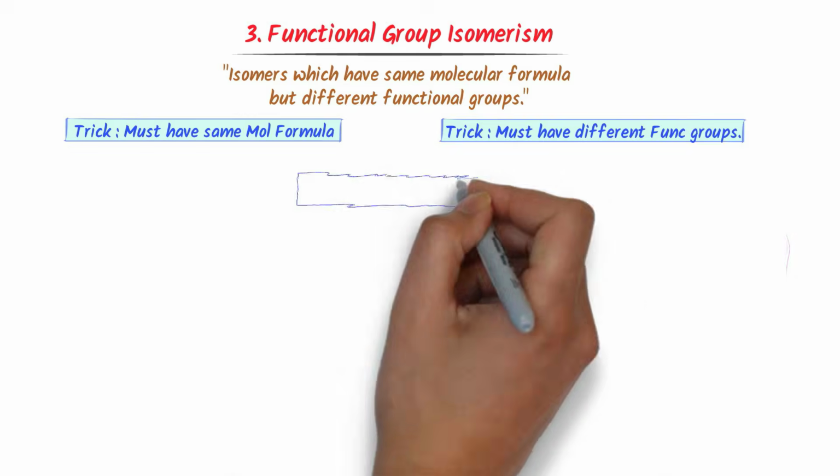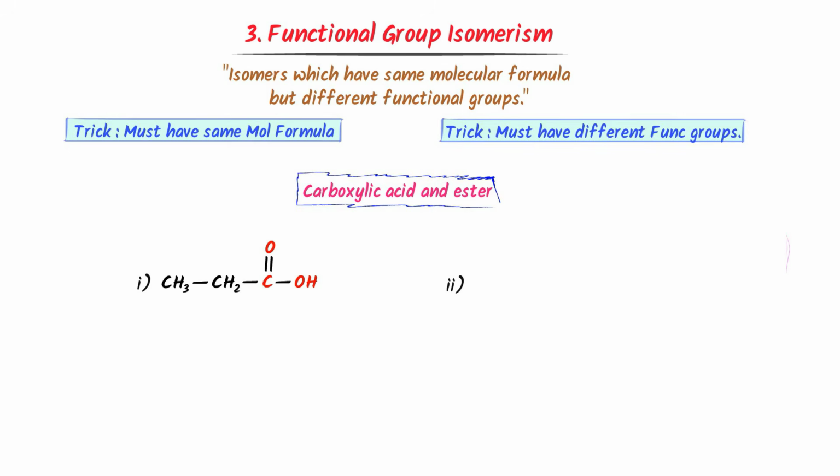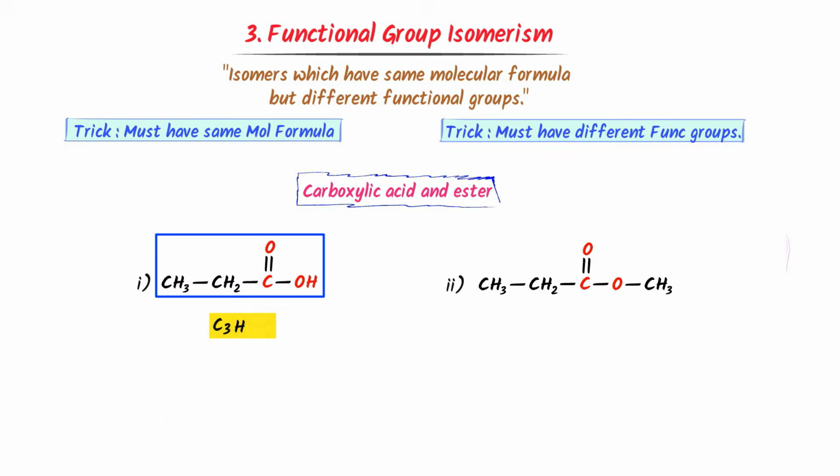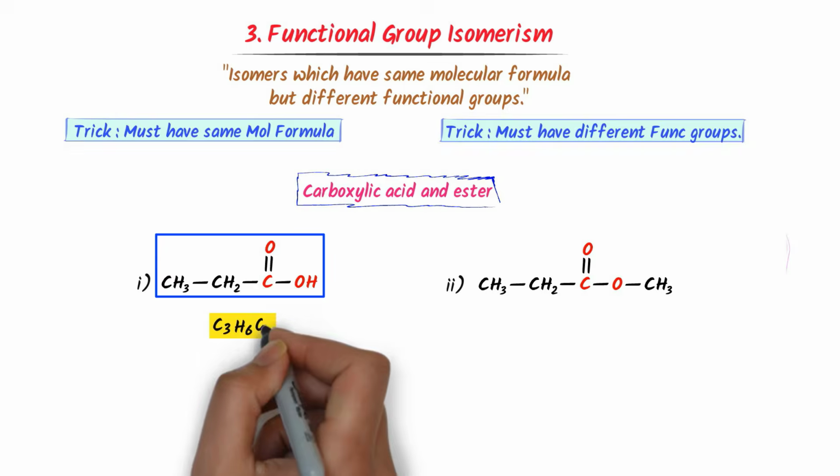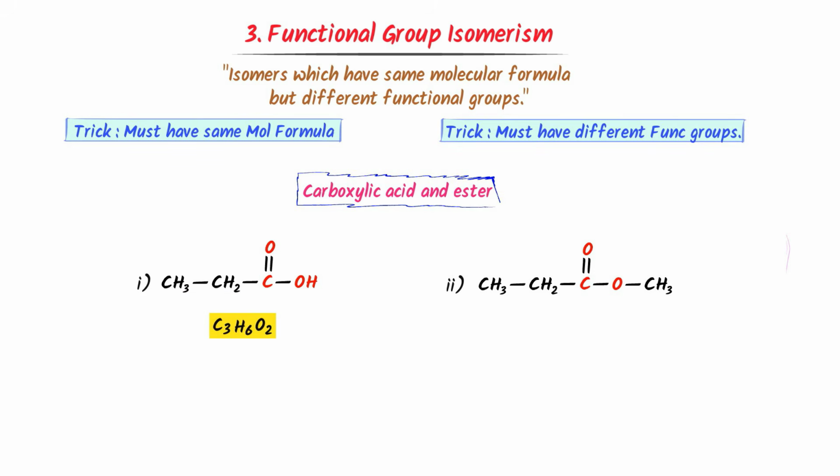Now consider carboxylic acid group and ester functional group. As usual, I look for the molecular formula of the compounds. In this carboxylic acid, there are 3 carbon atoms, 6 hydrogen atoms and 2 oxygen atoms. While in this ester, there are also 3 carbon atoms, 6 hydrogen atoms and 2 oxygen atoms.